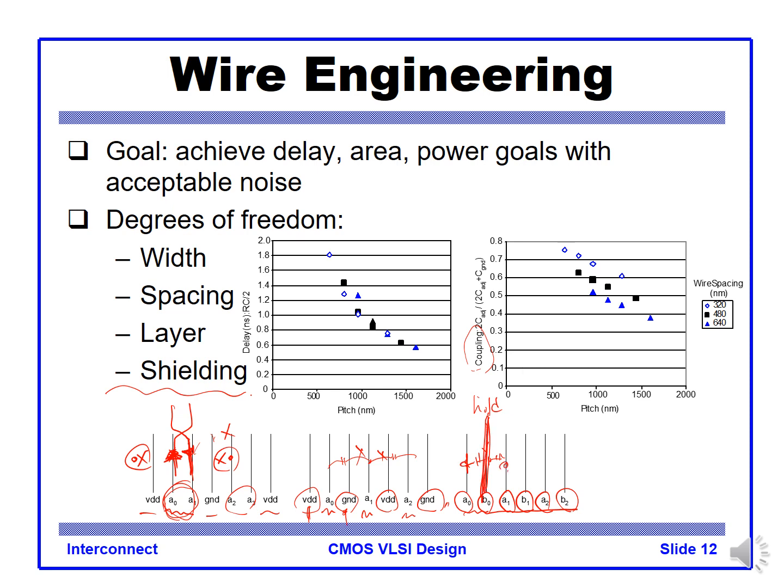The stable control line in between doesn't move its voltage, so it works as a shield in this example. So there are some different options to play with the metal routings.